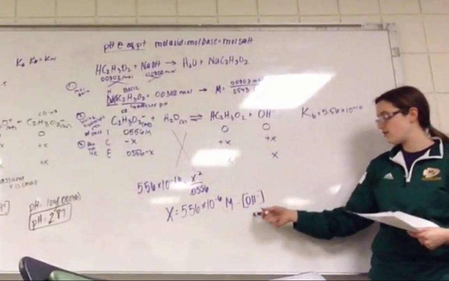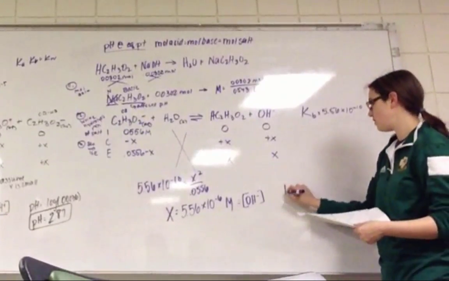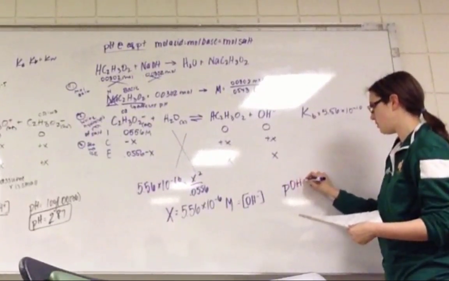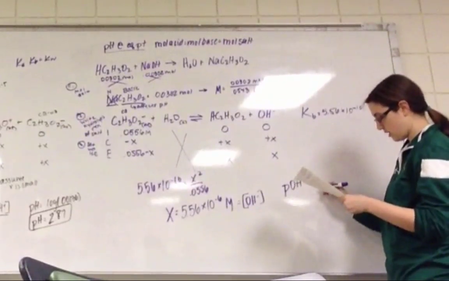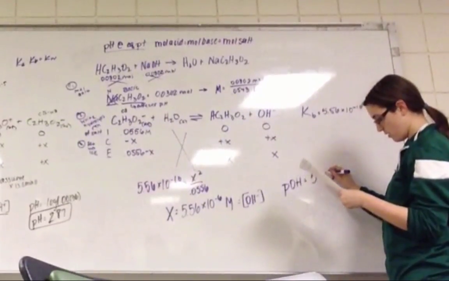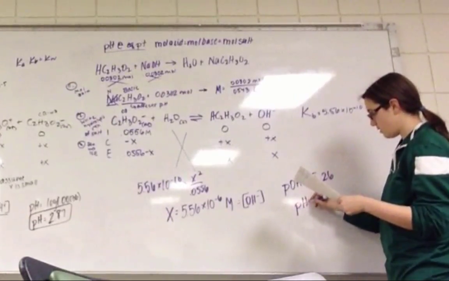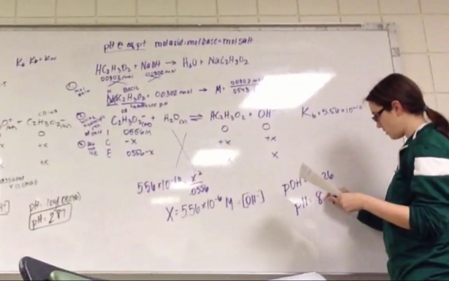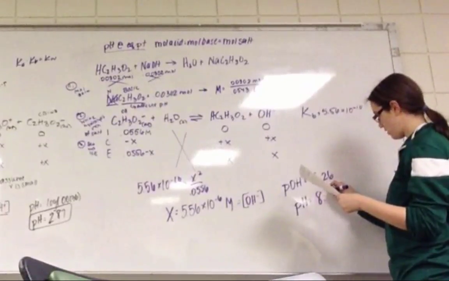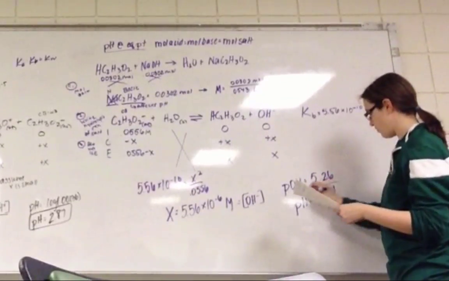What will I find from OH minus? pOH. So you just take the negative log. I got 5.26. What is the pH then? 8.74.